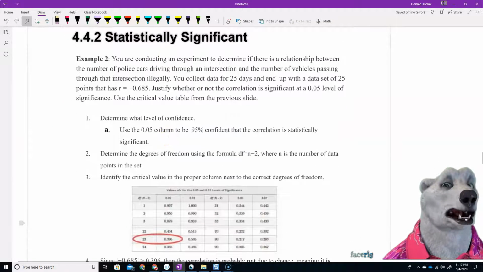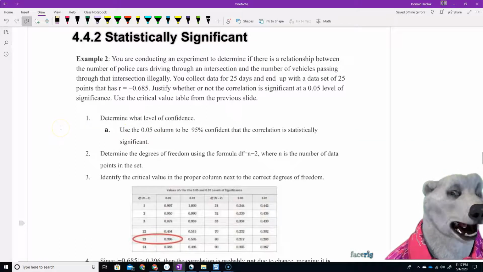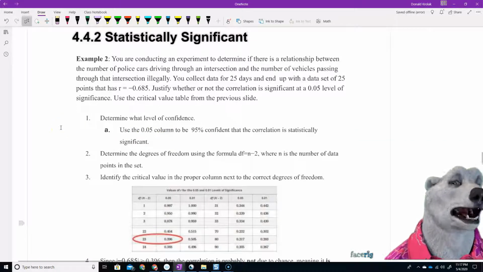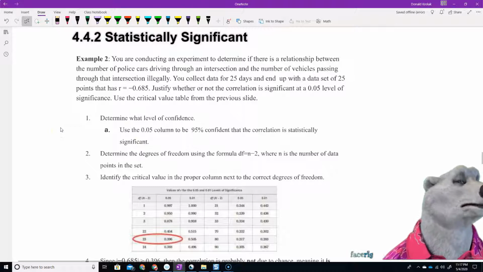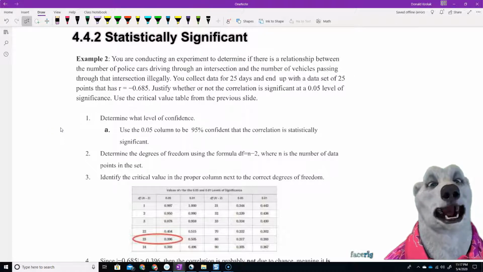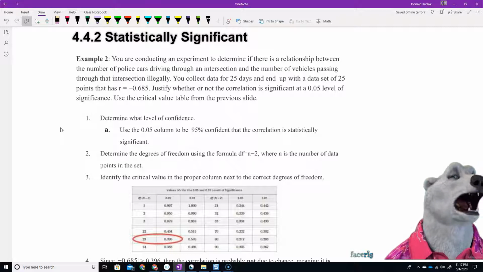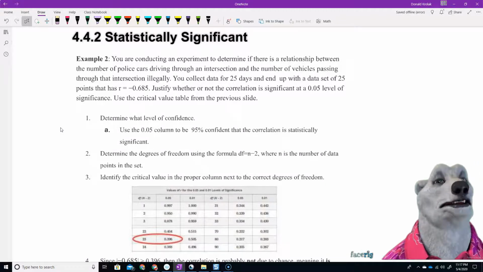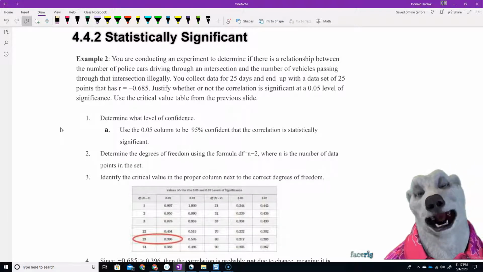Okay, here's another one. Let's say you're conducting an experiment to determine if there's a relationship between the number of police cars driving through an intersection and the number of vehicles passing through the intersection illegally.